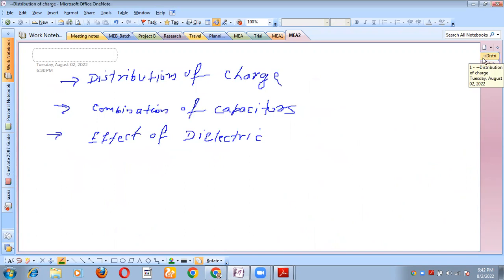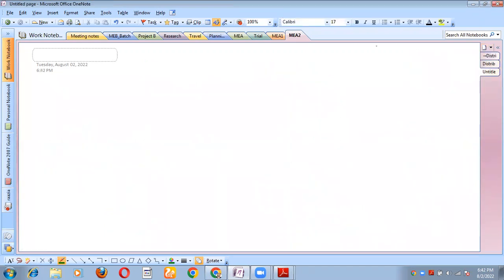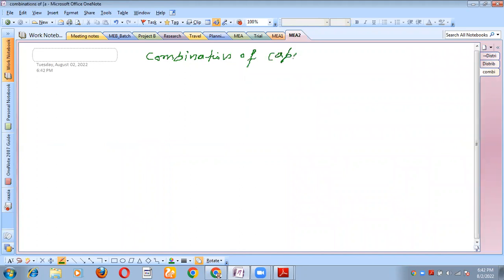Now going to the next thing, combinations of capacitors. We know generally there are two types of combination.